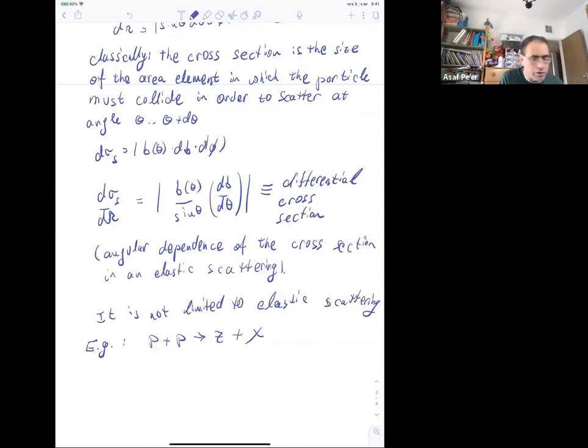We can ask what is the total cross section, or what is the cross section as a function of the momentum of Z? For example, what is d sigma over d p_z, the cross section as a function of momentum, etc. Or, if we have UV photons that hit the skin, we can ask what is the cross section for some dangerous mutation to happen.